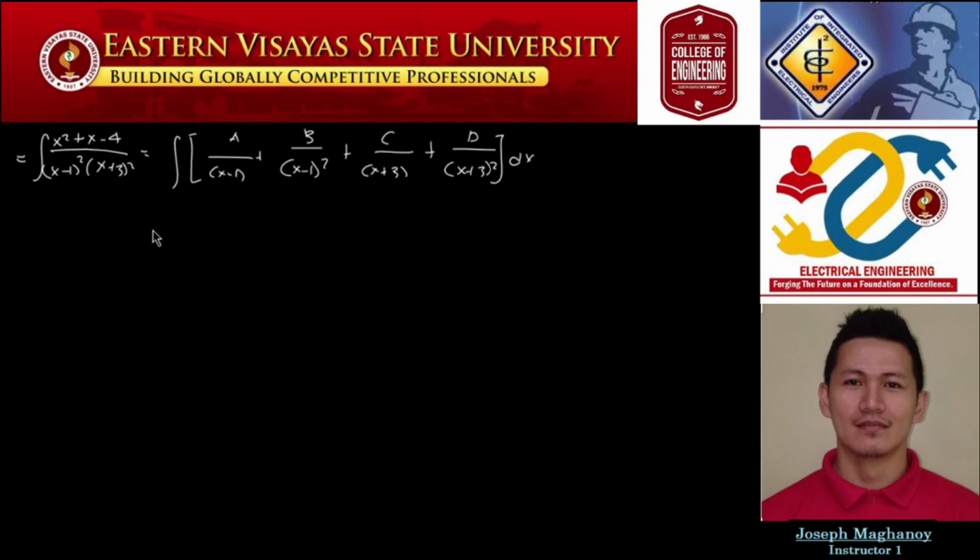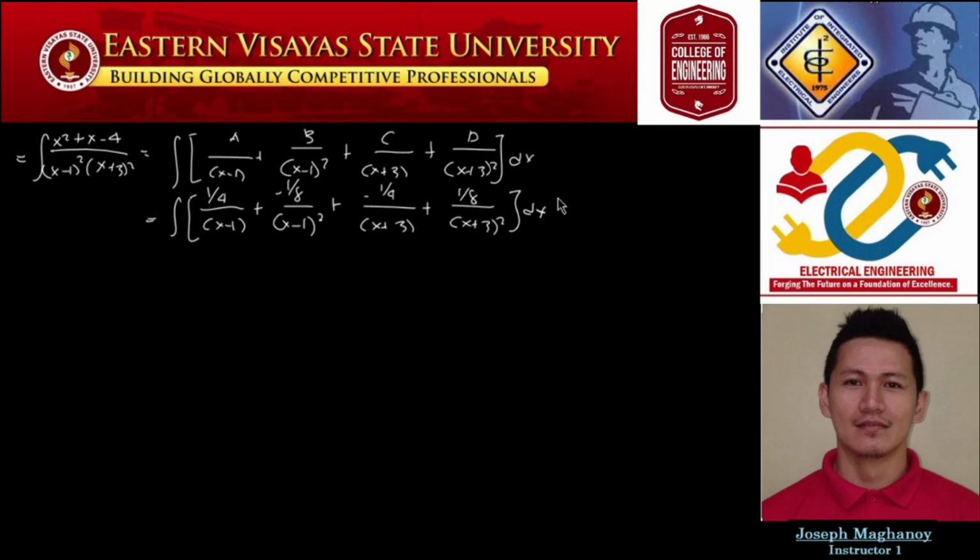Okay, substituting the values, that is 1/4 over x minus 1 plus negative 1/8 over x minus 1 squared, c, that is negative 1/4 over x plus 3 plus your d, that is 1/8 over x plus 3 squared. Okay, same process for your term A, for your term B and term D.